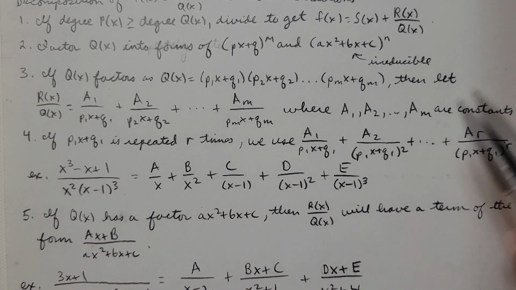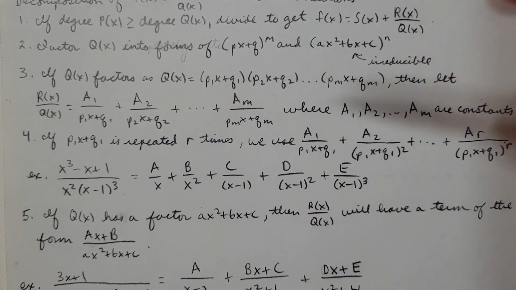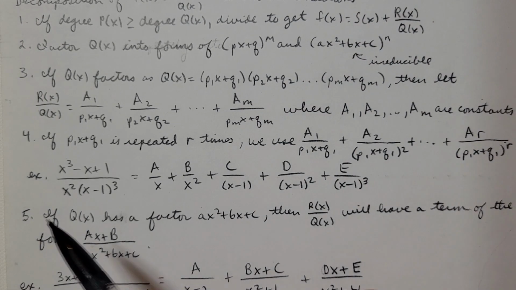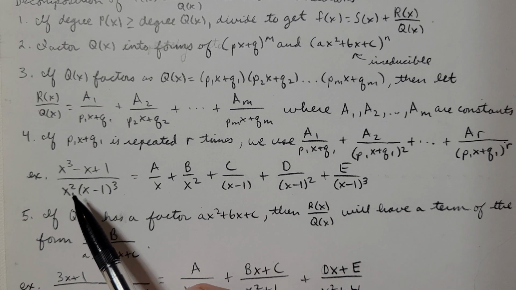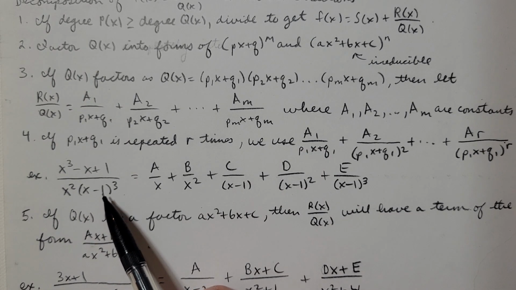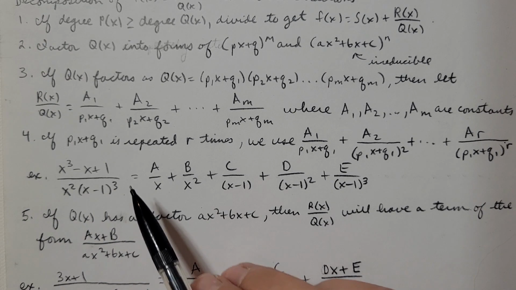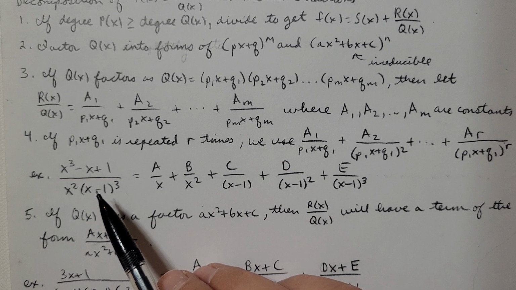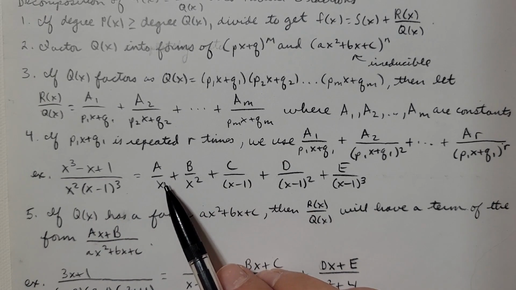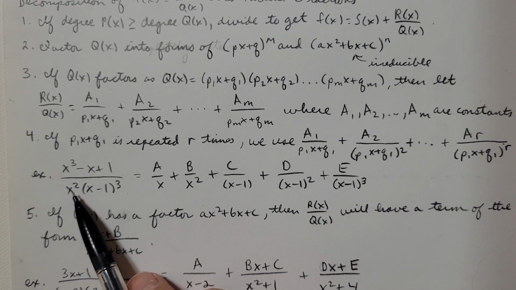Suppose that you're going to split apart this fraction here into a bunch of fractions. Well, I'm looking at the denominator. So x is repeated 2 times. X minus 1 is repeated 3 times. And these are linear factors. I don't have any quadratics. So I'm going to have a over x plus b over x squared.